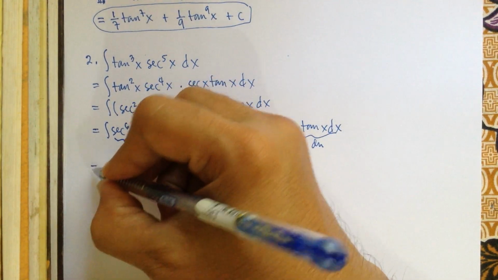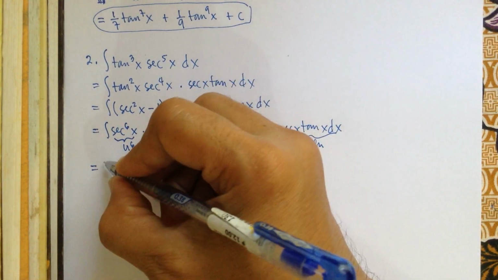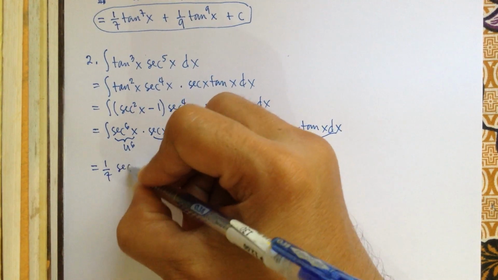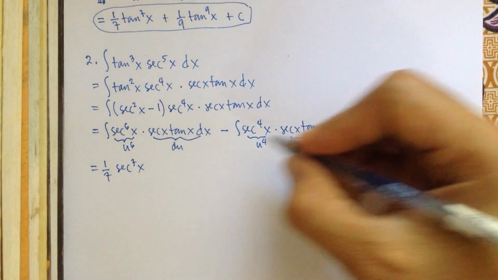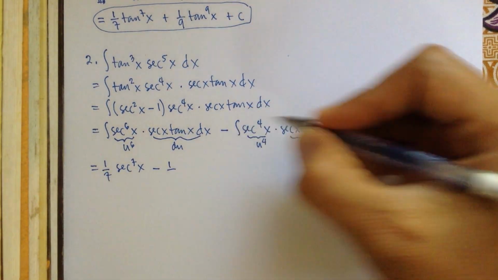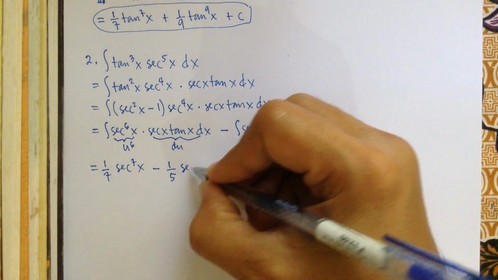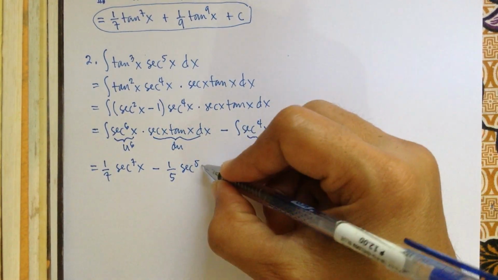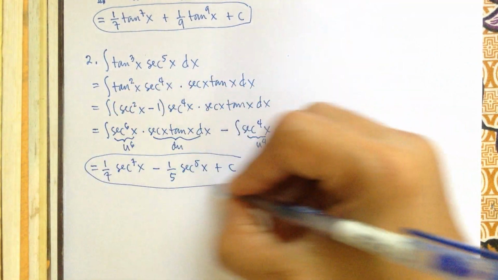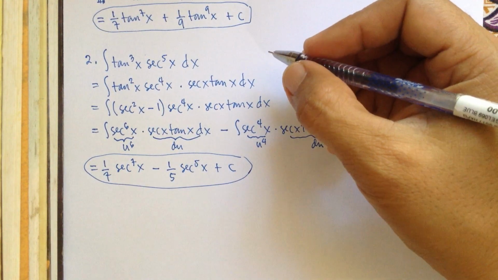Okay, and evaluating now the integral, we have 1 over 7 u to the 7th, or secant to the 7th x, minus 1 over 5 secant to the 5th x, then plus c. So we have the integral of tangent cube x secant to the 5th x dx.